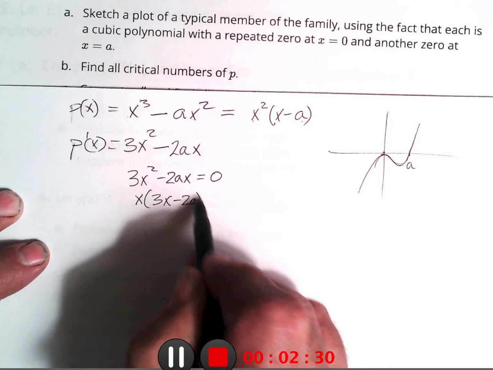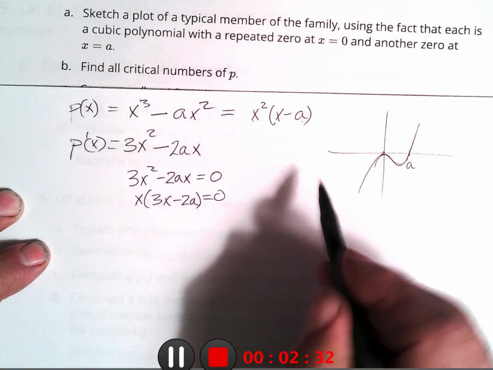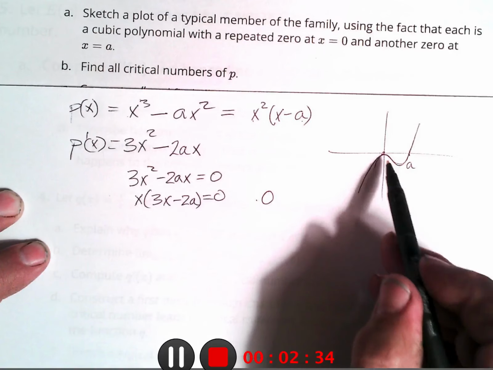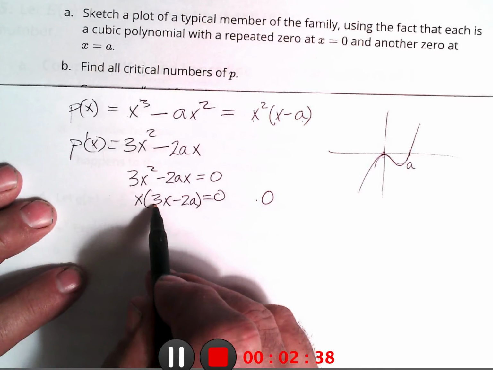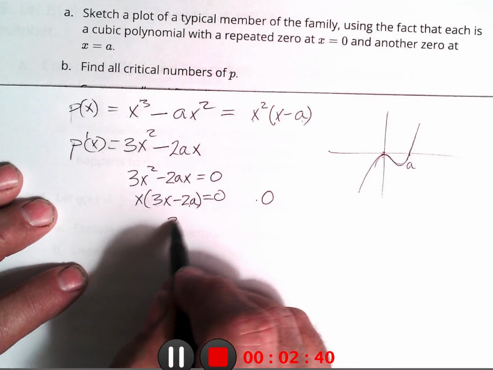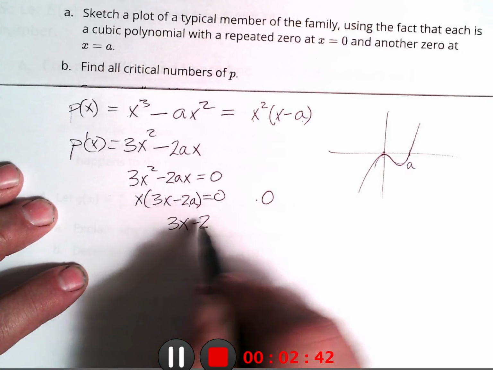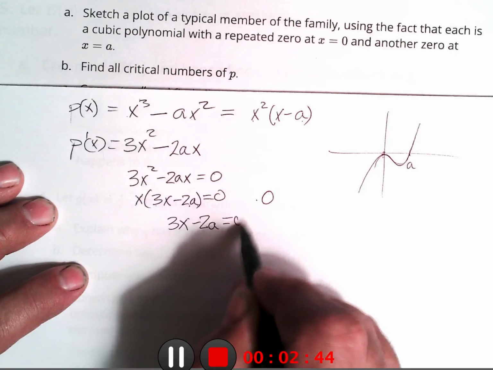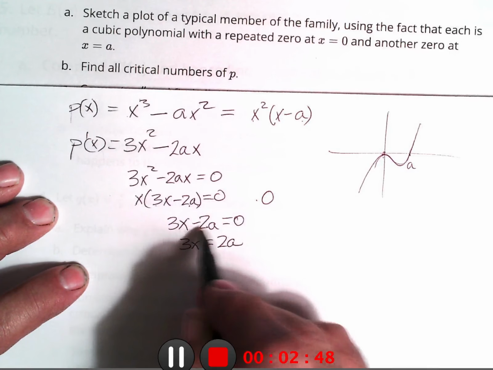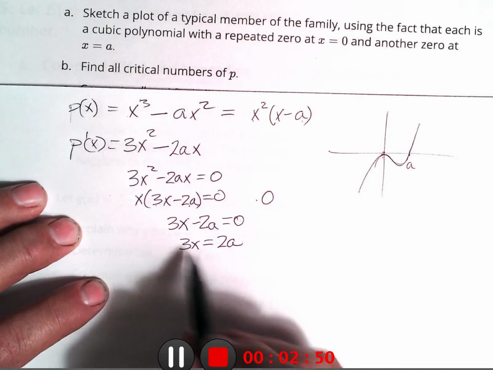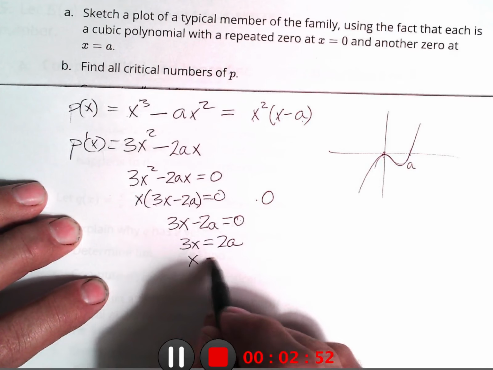And one of the critical numbers is 0, which we knew already. And another one happens when this is equal to 0. So 3x minus 2a equals 0 means 3x has to equal 2a, adding 2a to both sides. And dividing by 3, x equals 2a divided by 3.